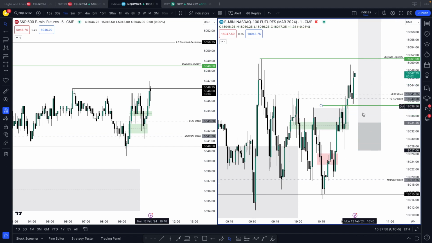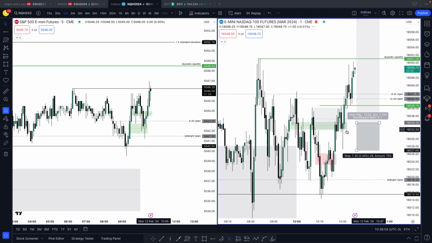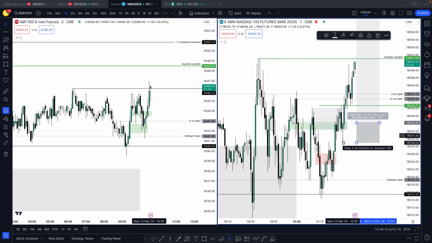And so I want to allow for it to trade into that and into the wick of this candle as well. And if I move to break even, then I could be stopped out prematurely. And so I could move it to here, just below the consequent encroachment of this candle's wick, but I wouldn't go all the way up to break even.